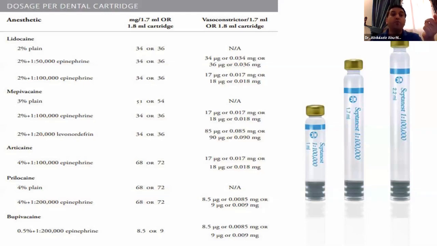On the other hand, if you are using the 1 to 50,000, which we don't have in Saudi Arabia, maybe 1 to 80,000, you can use only 1 carpule for that cardiac patient. So you want to know the milliliter, how much is the lidocaine, and more importantly, how much is the epinephrine in milligrams, to know that number equals how much in 0.04 milligram.